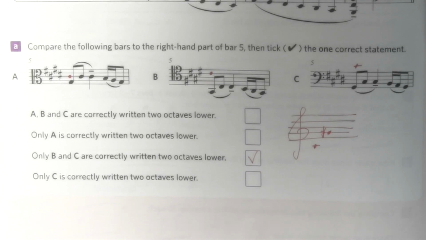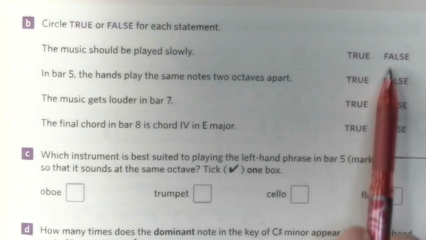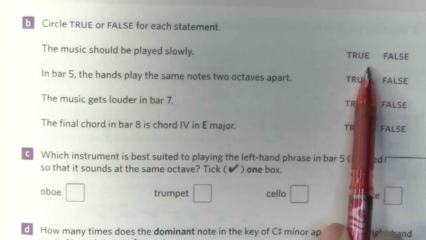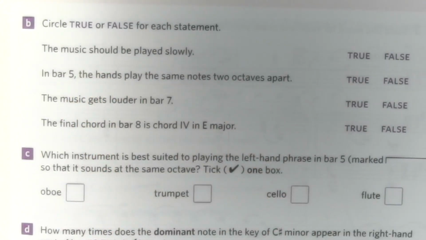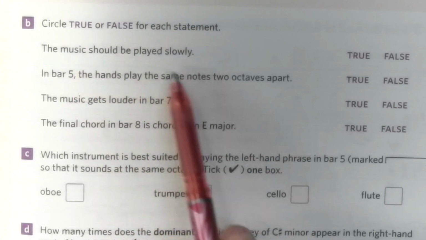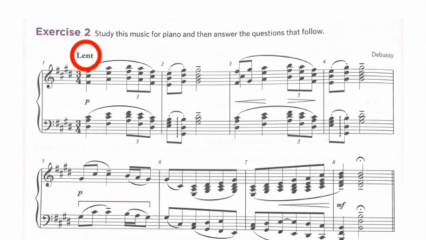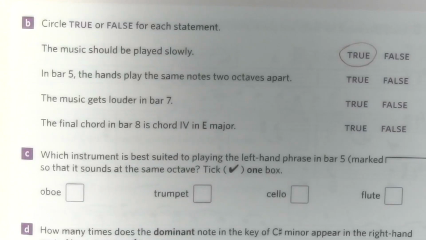Okay, second question. We need to circle true or false depending on whether these statements are correct or incorrect. The music should be played slowly. Yes, because the tempo indication at the beginning of the piece says lent, and lent means slow. So, slow. It's a French word, and Debussy is also a very good French composer.